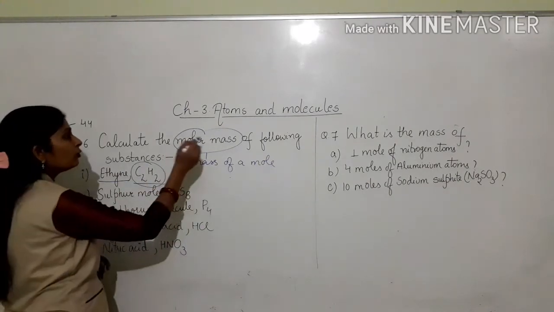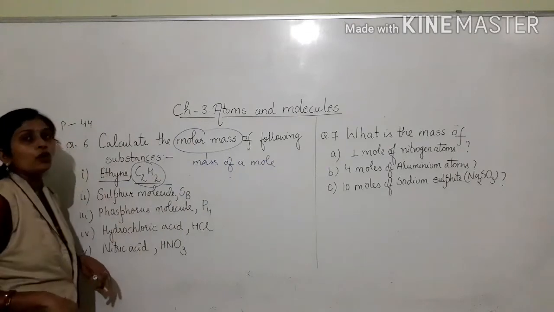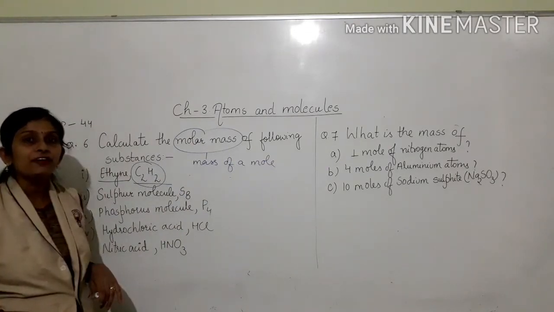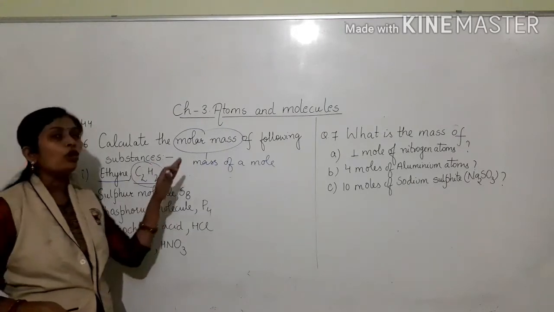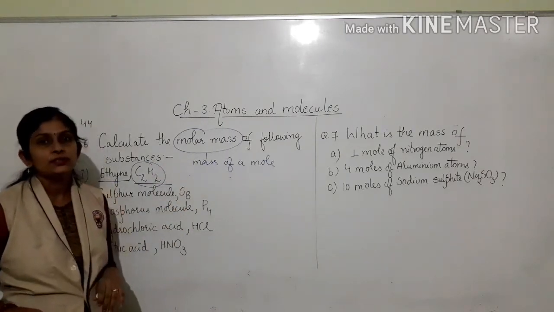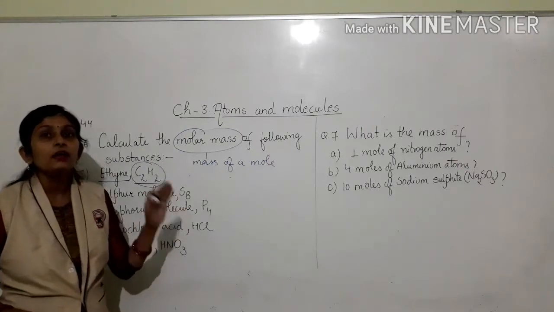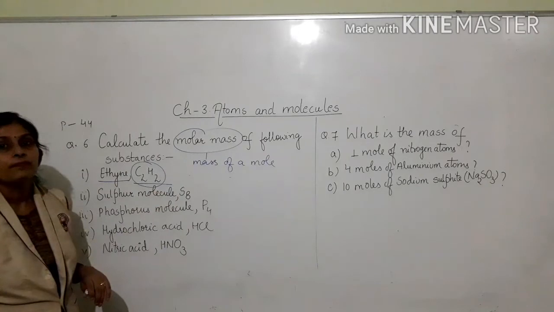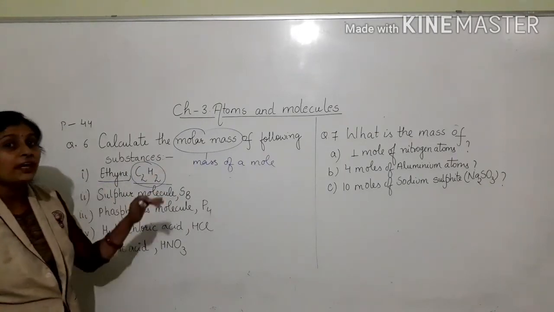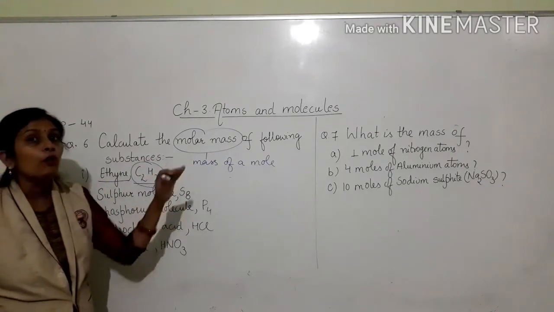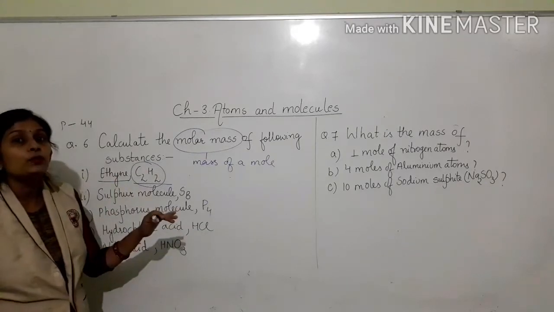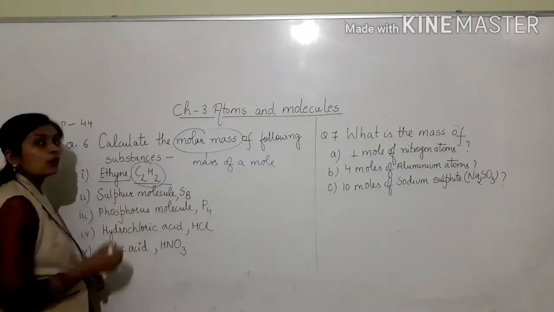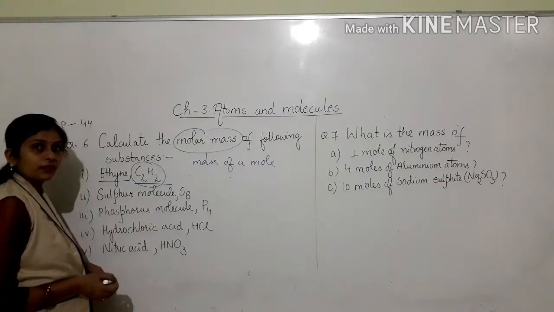So we have to calculate the molar mass of molecules, meaning we are given a mole of ethine molecules. So a mole of which kind of particle is given? A mole of ethine molecules means a molecule is given. So we have to calculate its molecular mass first.